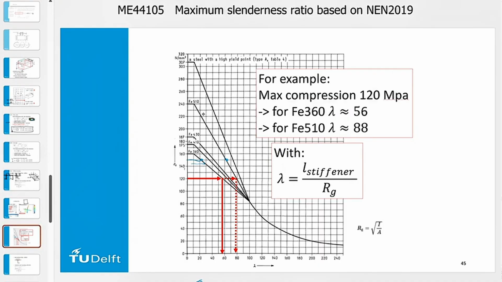And then depending on the material I have, I directly have a slenderness ratio which is allowable in my curve. With this slenderness ratio, I can then define the length to width ratio directly. So if I say I have a maximum limit of 120, then the corresponding slenderness, where I take into account both the yield effect and the ultimate buckling effect, gives me a resulting slenderness ratio.